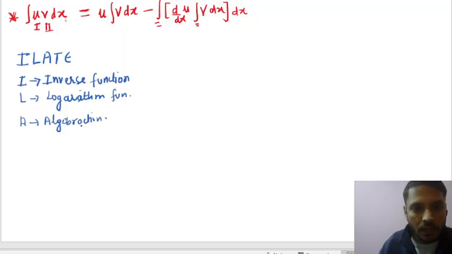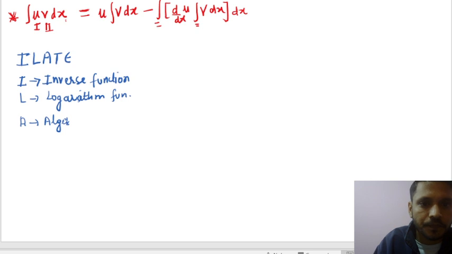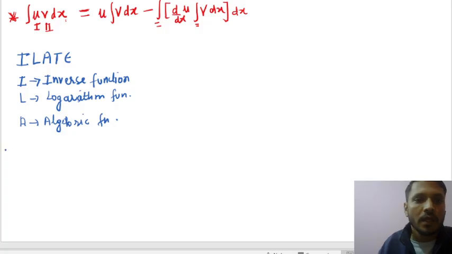Algebraic, sorry, we have to correct the spelling here. Algebraic functions, right? Next we have T. T is simple: trigonometric functions.